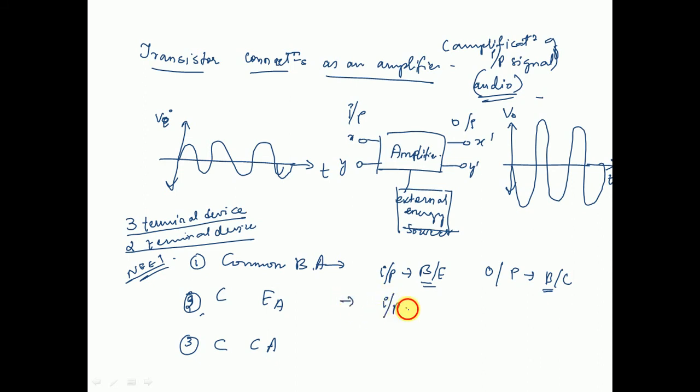Similarly, for common emitter, the input is base emitter and the output is emitter collector. And for common collector amplifier, you have base collector as your input and emitter collector as your output. So the collector is the common one, that is why common collector.